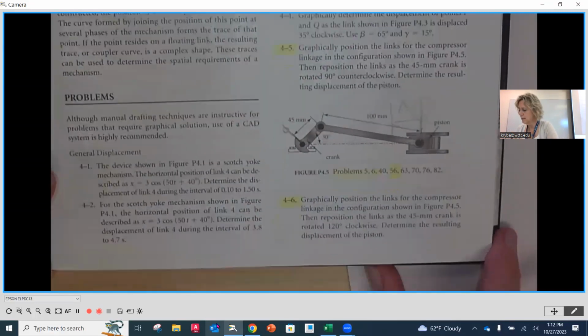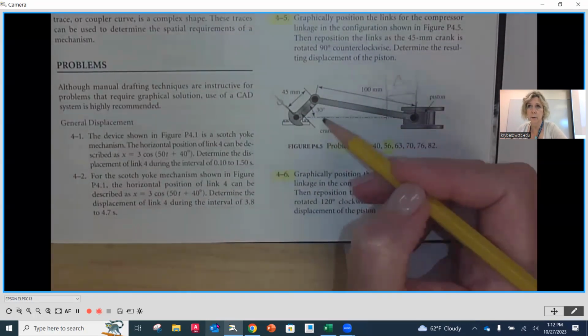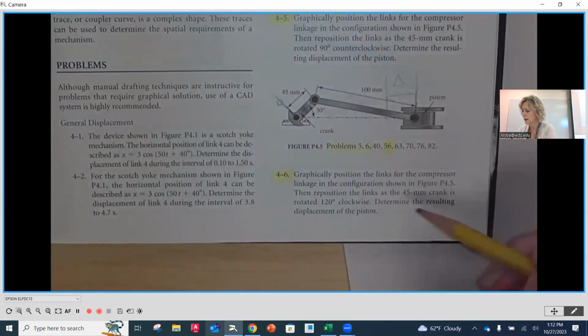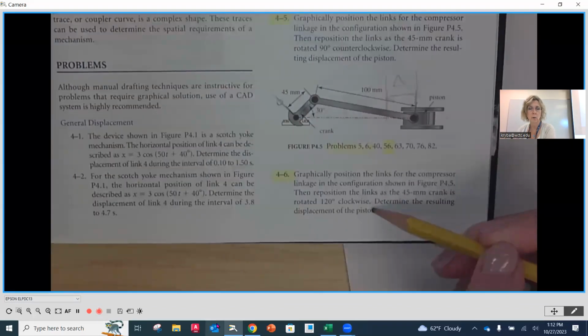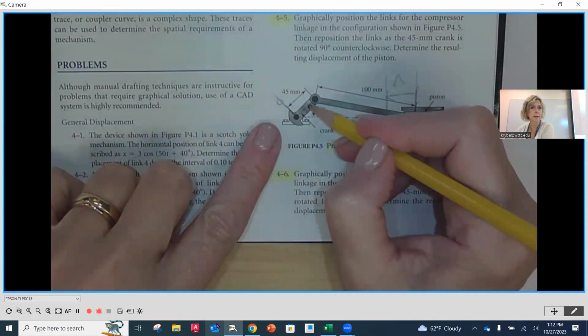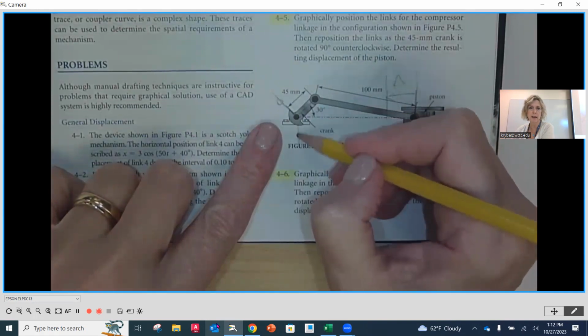Using that very same diagram for 4-6 here now, you're starting with the original 30 degrees. And then this time you're going to move that crank 120 clockwise. So now you're going to go in the opposite direction from the 30 degrees. So you're going to actually be down here and you're going to go in this direction.